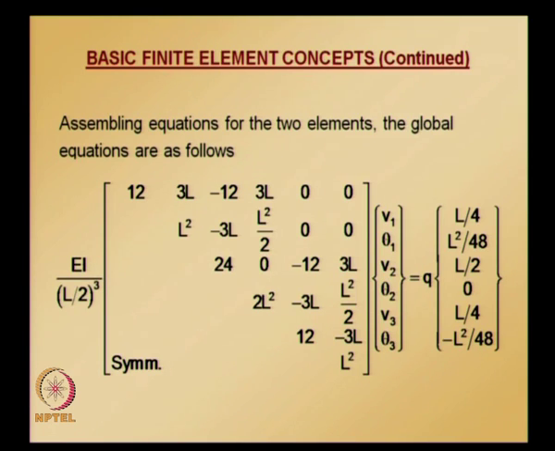So V1 and V3 are going to be 0 because we have supports at node 1 and node 3. So substituting essential boundary conditions, essential boundary conditions are V1 is equal to 0, V3 is equal to 0.